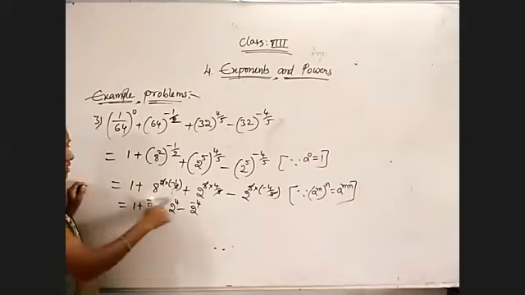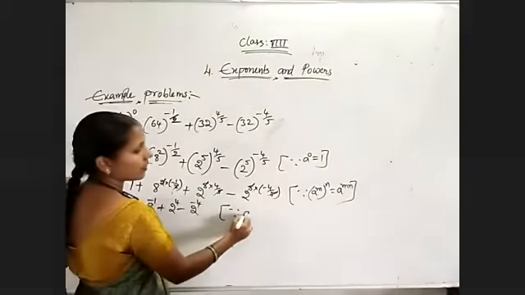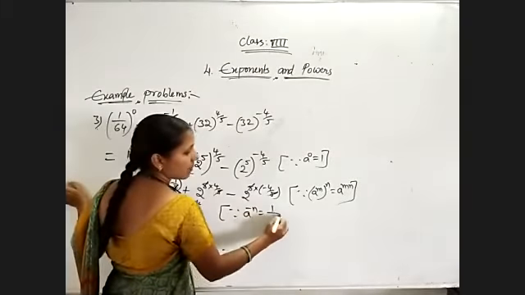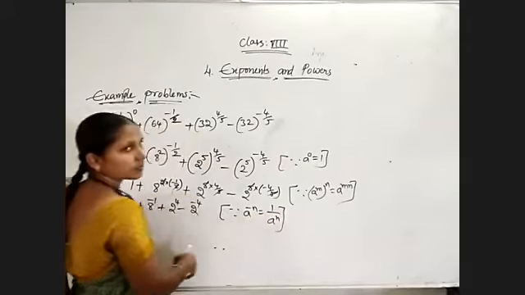Now here, because negative exponents are there, I am using a power minus n is equal to 1 by a to the power of n.